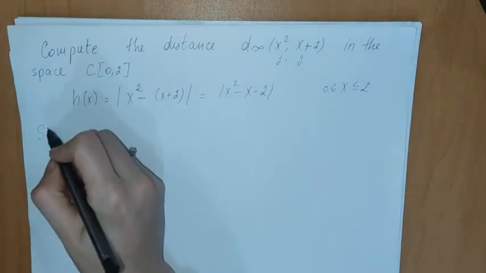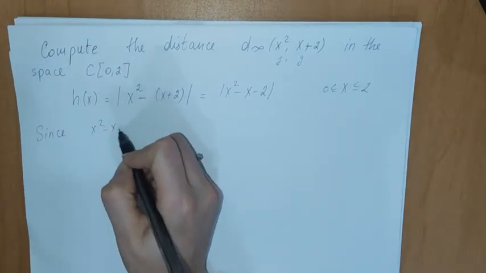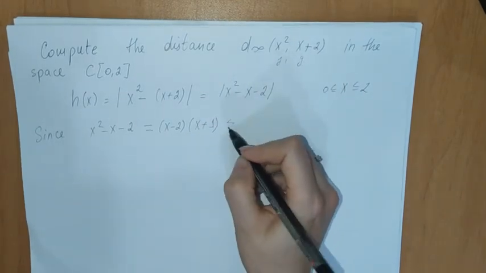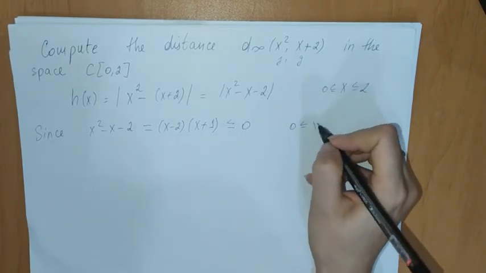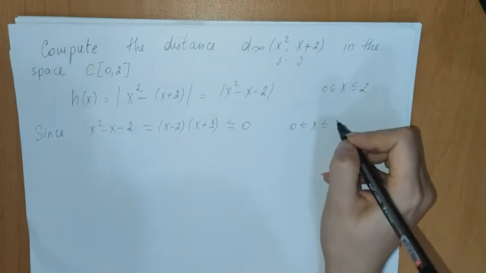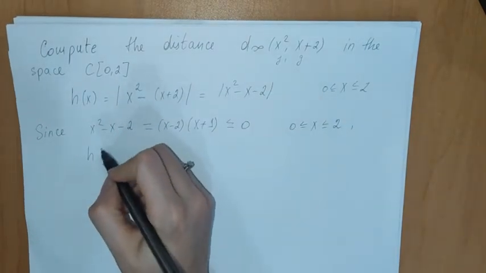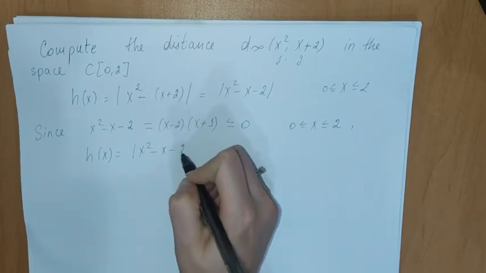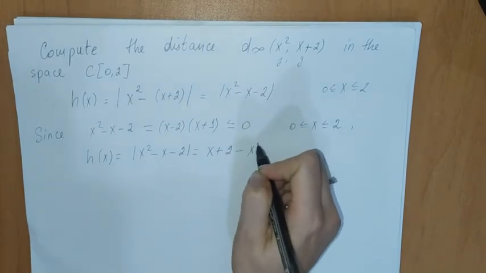Since x squared minus x minus 2 is equal to (x minus 2) times (x plus 1), and this is less than or equal to 0 for each x between 0 and 2, then we have h(x) equal to x plus 2 minus x squared.